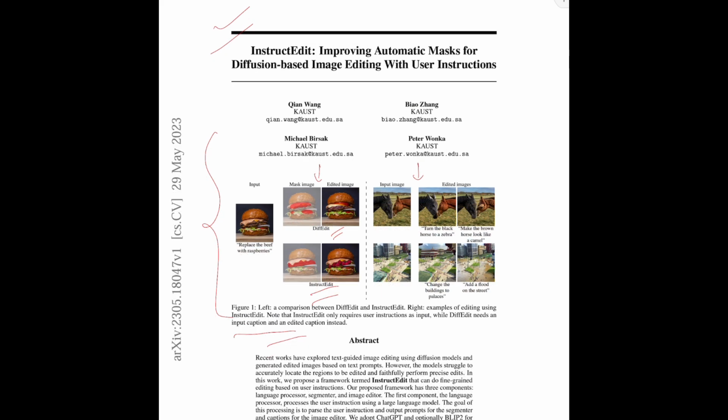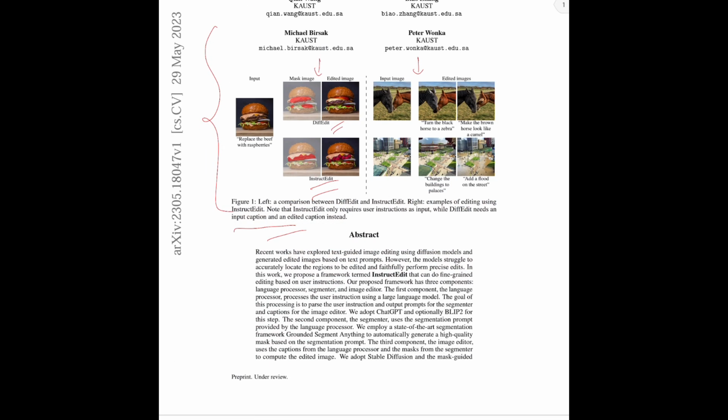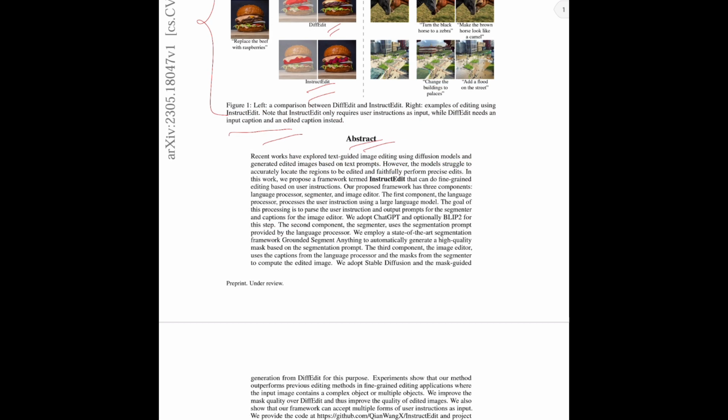For example, here we can see a comparison between the InstructEdit paper and another paper with which the author of this paper tried to compare their results. Then the other important section is the abstract. This gives a summary of what the paper is really about.